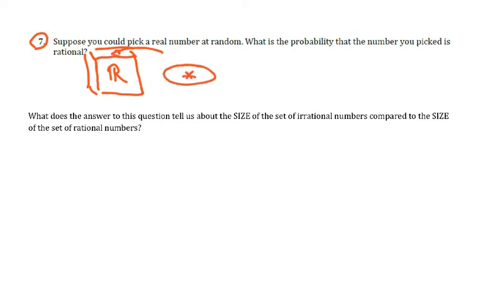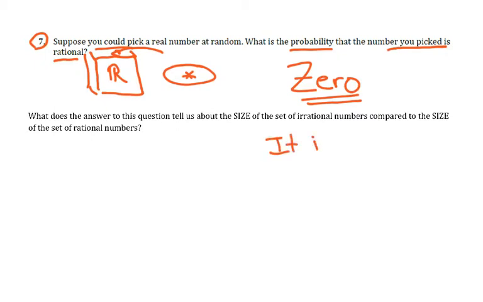And then you open up your hand and you look at it. What's the probability that the number you picked is rational? It is basically impossible to pick a rational number at random.